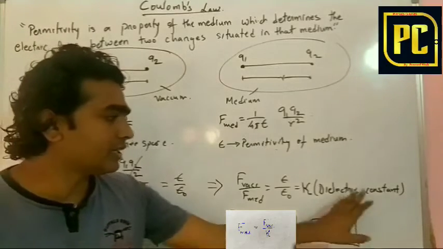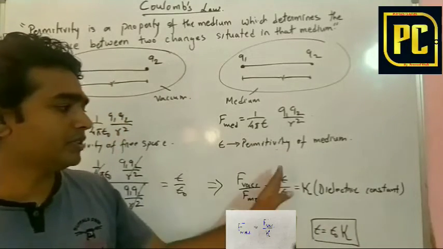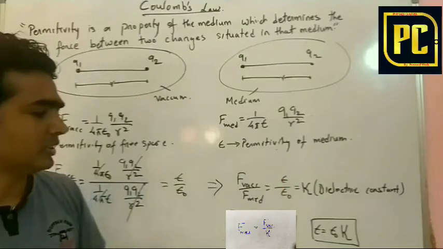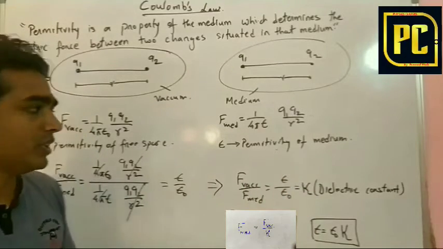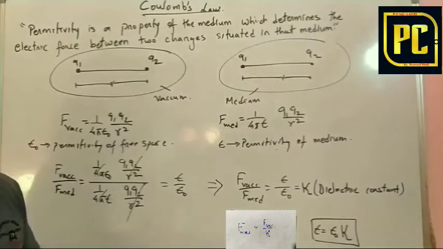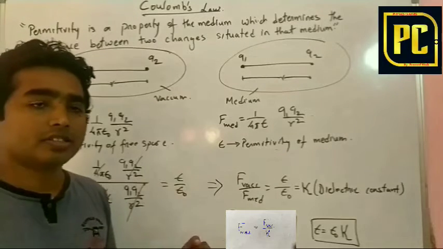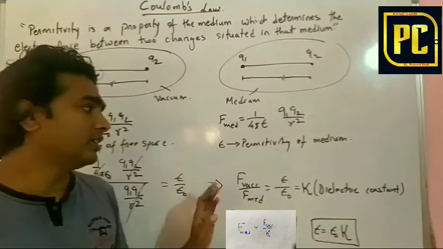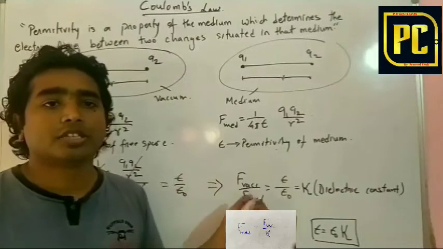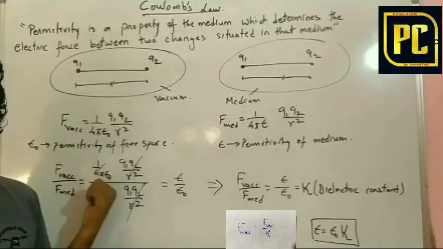Now what is your dielectric constant? It is the ratio of permittivity of the medium to the permittivity of vacuum. So we can simply say in vacuum the force is very large, and in another medium the force is small compared to the vacuum.